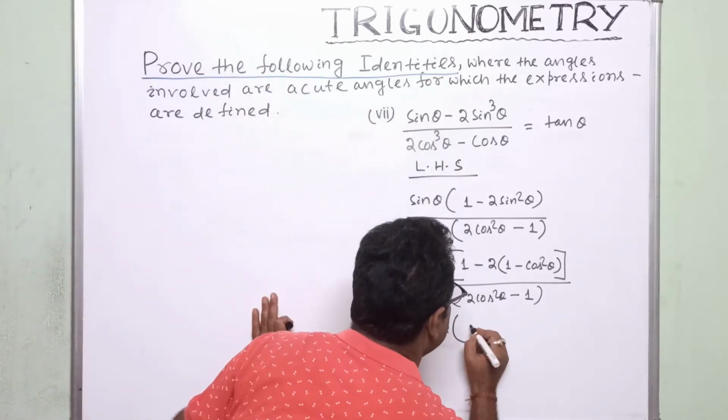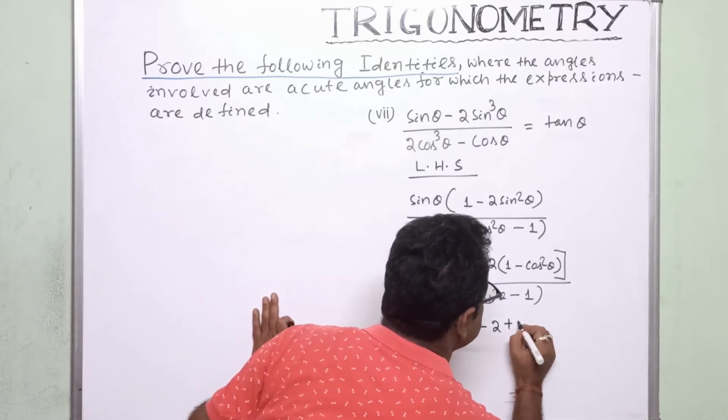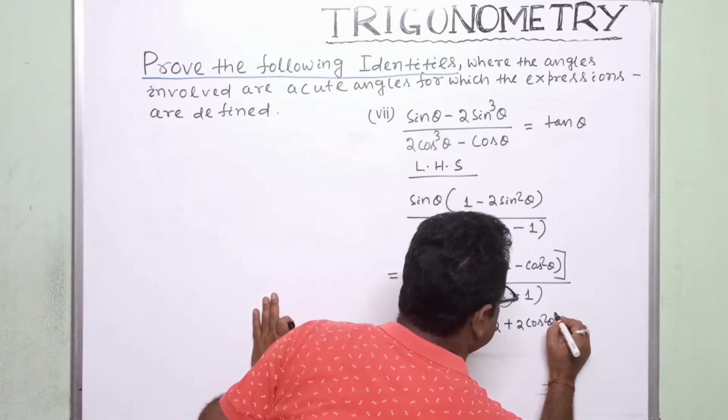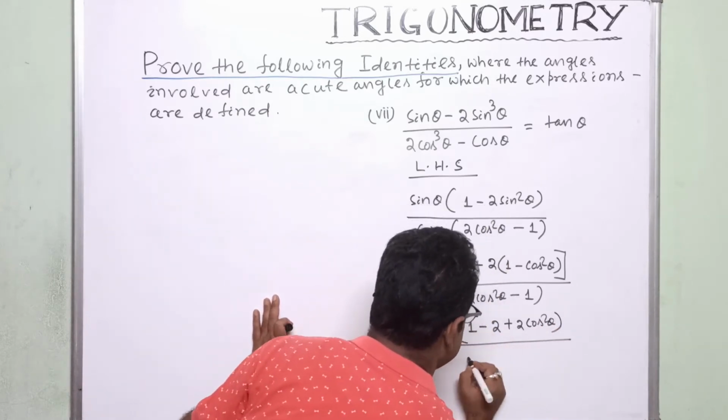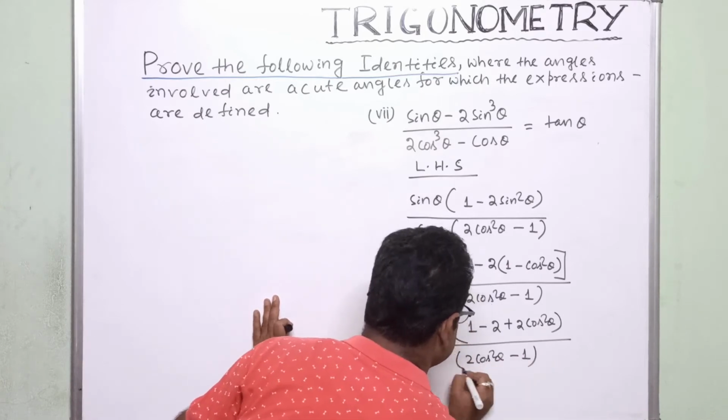Now 1 minus 2 plus 2 cos square theta by 2 cos square theta minus 1.